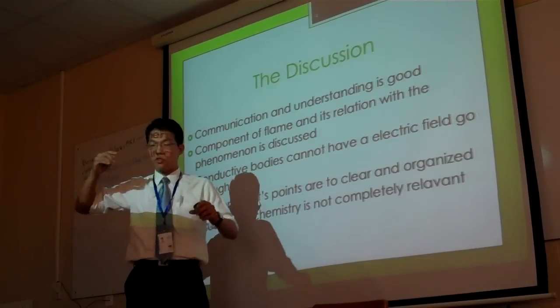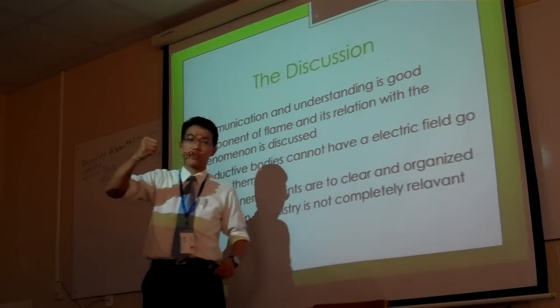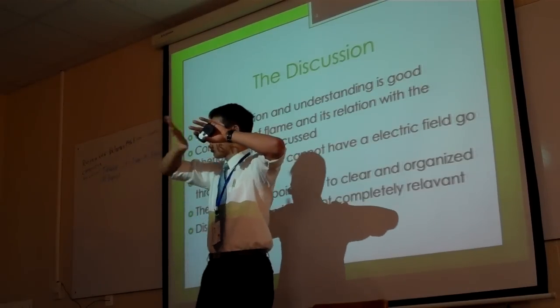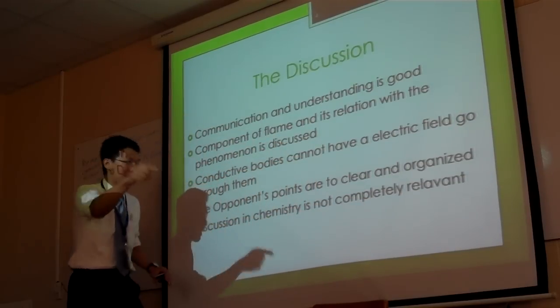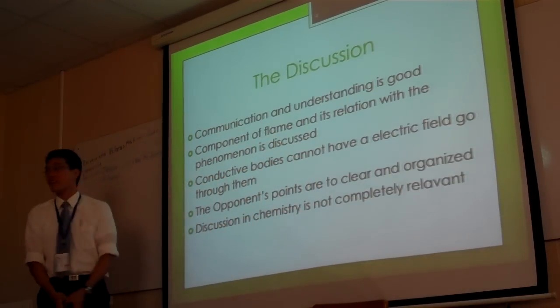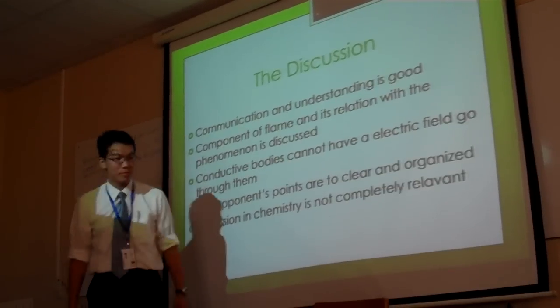So for instance, if these are positive ions coming here, the negative ions will go this way, positive ions go this way, and the positive ions will not be able to pass into the thing. And you ignored that. Thank you very much.